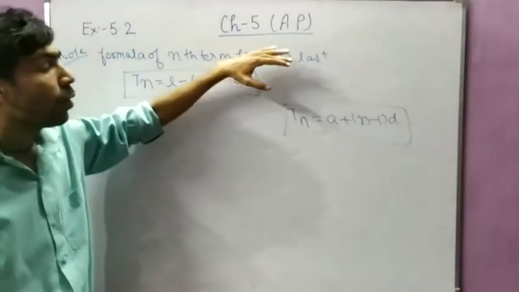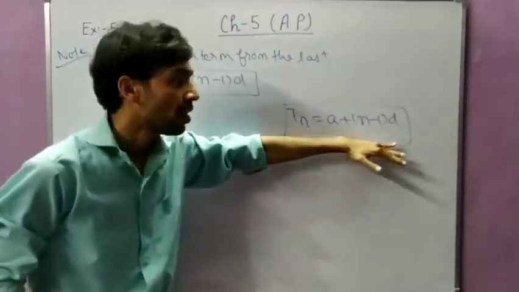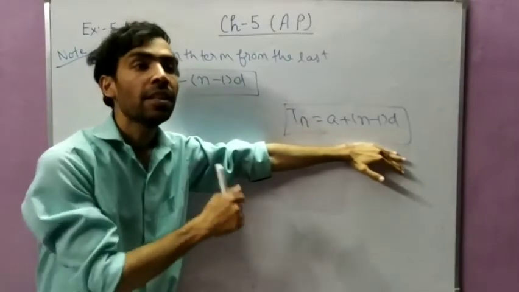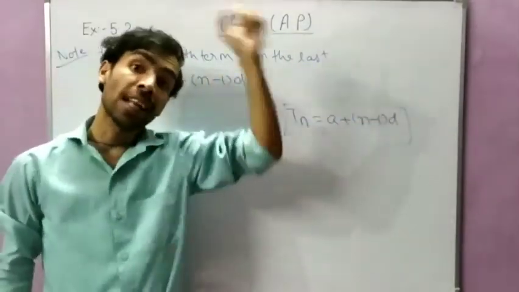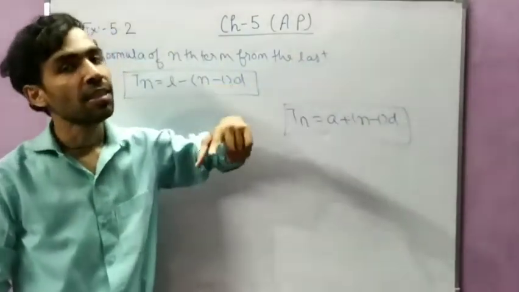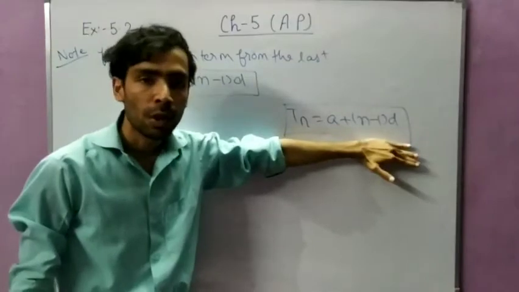When only 'find the nth term' is written, you have to use that formula. But if the question specifies that you have to find the term from the last, then you have to use this formula. Generally we use the first formula only.